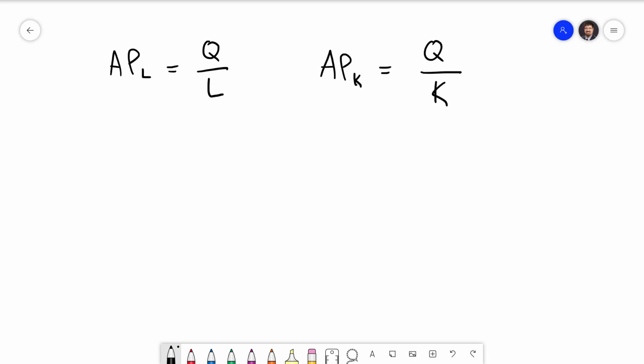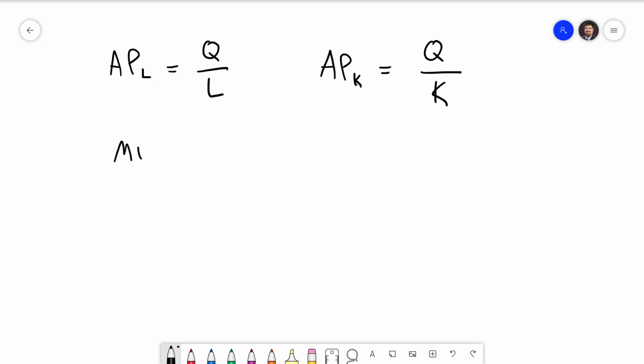The marginal product is the change in the total product due to an increase in an input. Again, we have two inputs, so we're going to have two different marginal products. Remember that when you hear the word marginal, you want to be thinking about derivatives. The marginal product is the partial derivative of the production function with respect to one specific input.